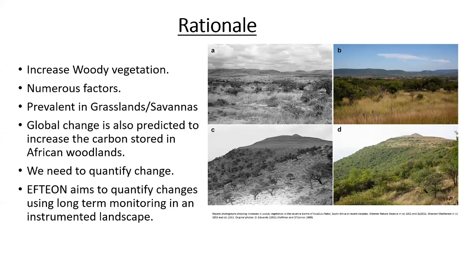So in a global context or an African context, there is predicted to be an increase in carbon stored in African woodlands. So with this change that is happening, we have to be able to quantify this change.